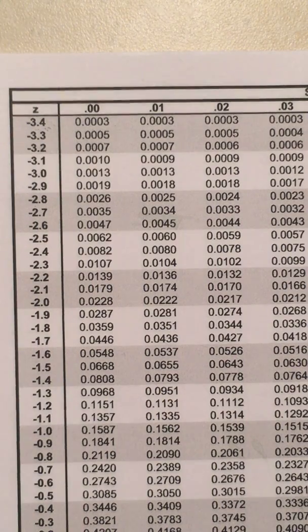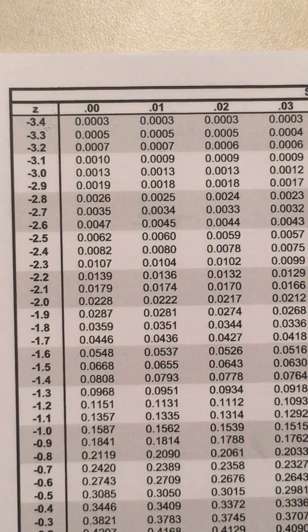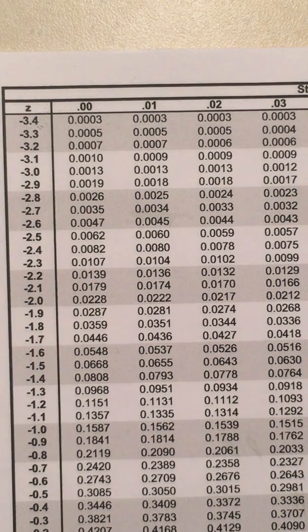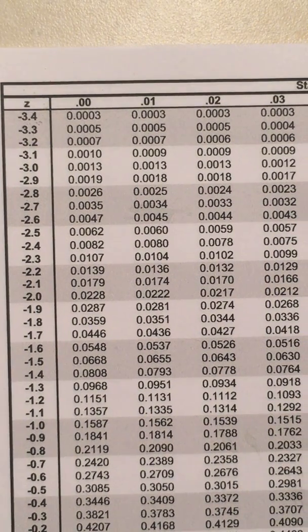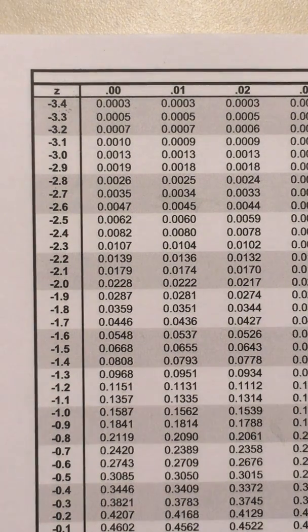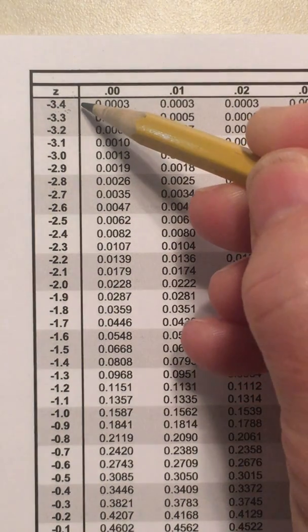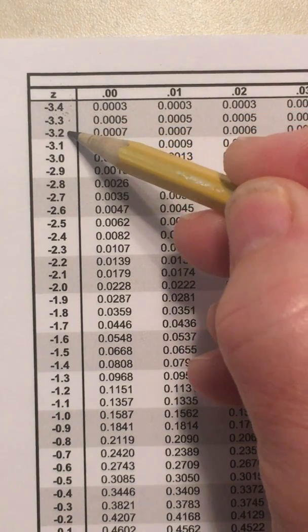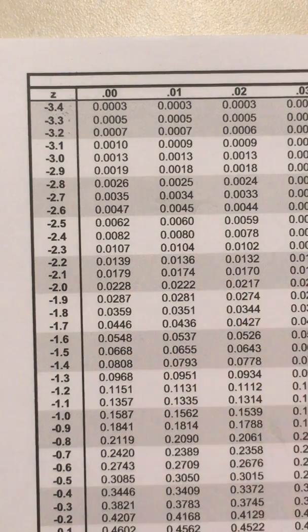Now, all we're going to do here is, given a z-score, find the table value. So, notice the first leftmost column says z, and then we have negative 3.4, negative 3.3, negative 3.2, and so on down.